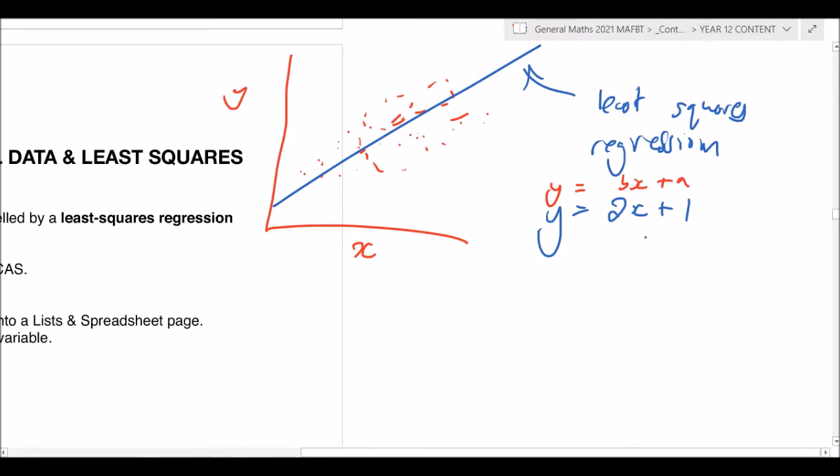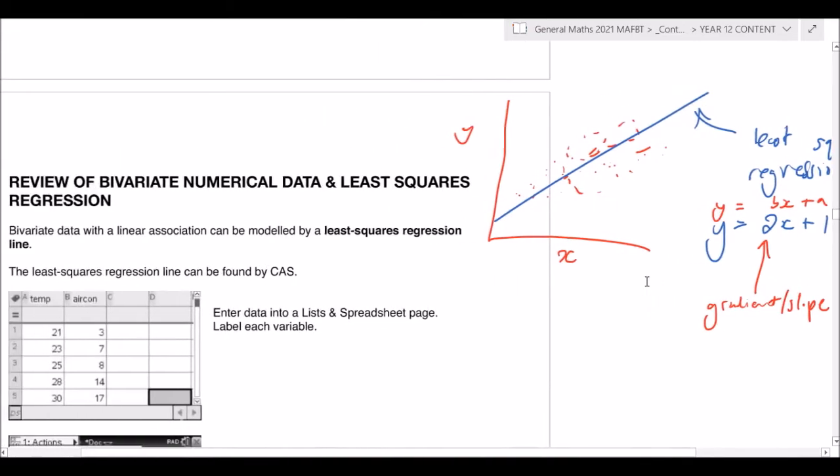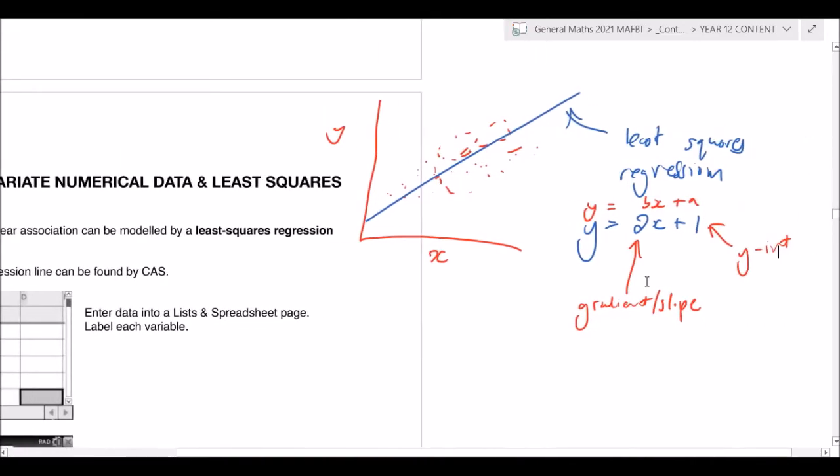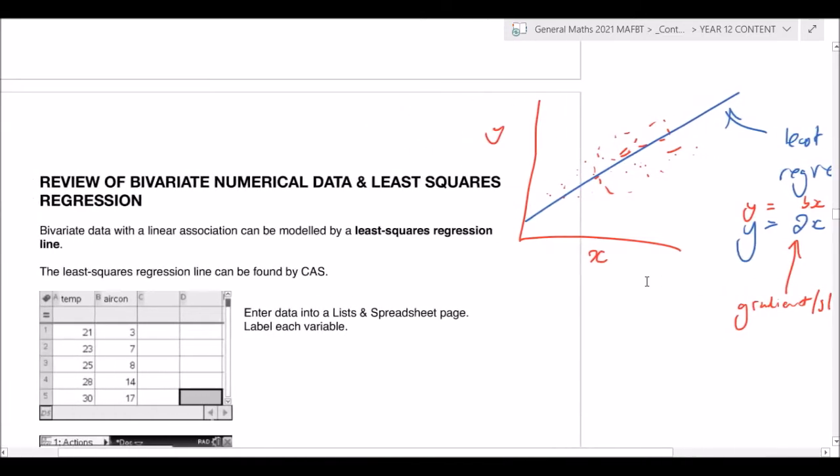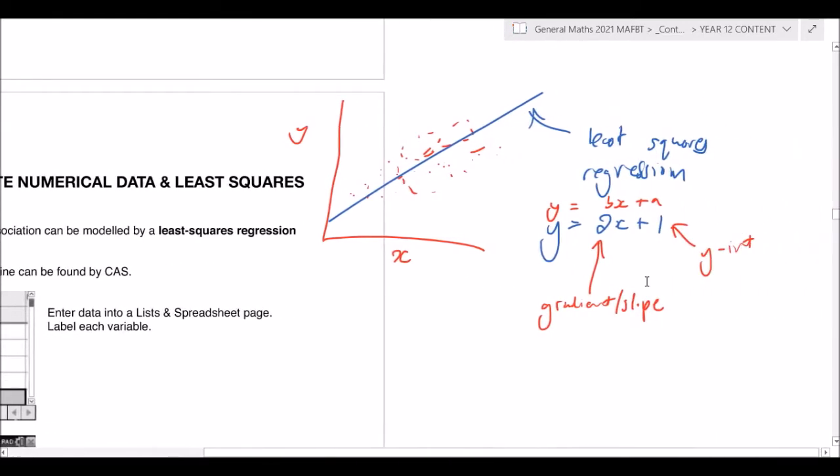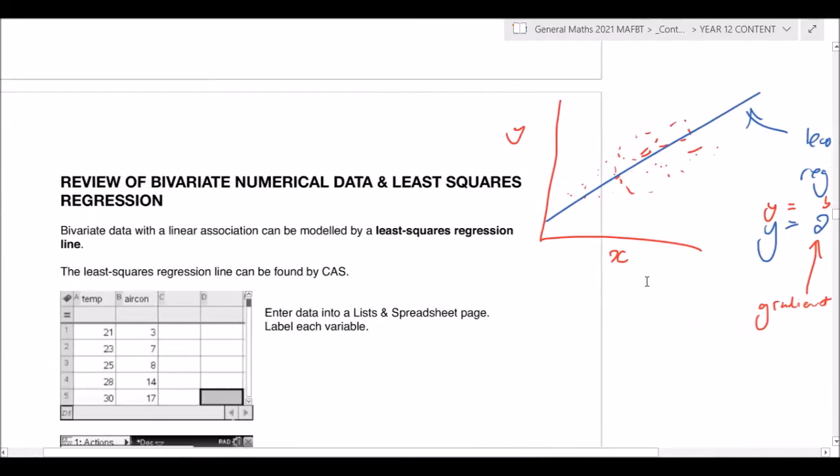This refers to the gradient or the slope, and this referred to the y-intercept. So some things to remember with this topic. I believe I may have made recordings of this when we started this topic, so you can watch those if you really want to.